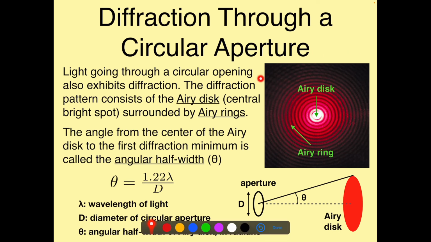Well, this is basically what it looks like. We have a diffraction pattern that doesn't consist of little spots on a screen, but instead it consists of a central bright disk, which we call the Airy disk, and then that's surrounded by several bright rings, which we call the Airy rings. Okay, that's the diffraction pattern we get when light goes through a circular aperture.